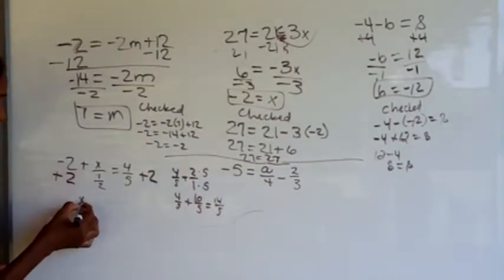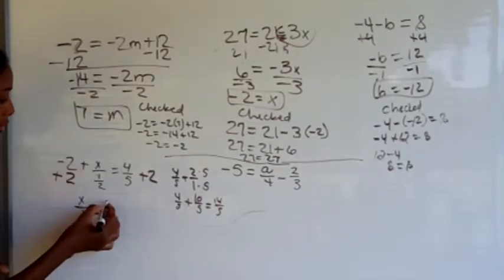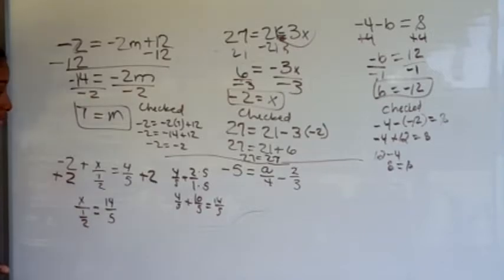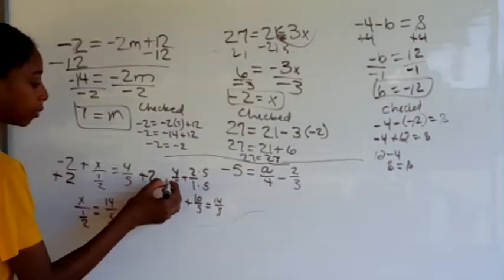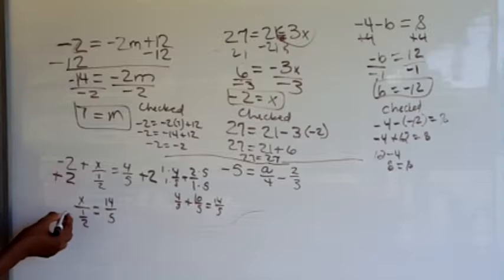So that's going to leave us with x divided by 1/2 equals 14 over 5. Alright, then we multiply by 1/2 to get rid of the division.